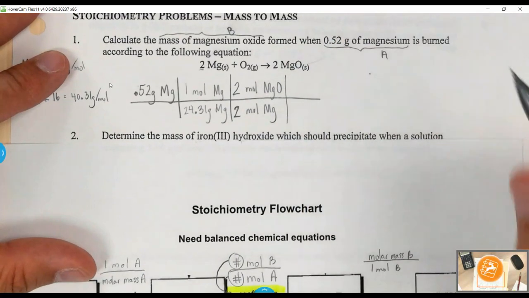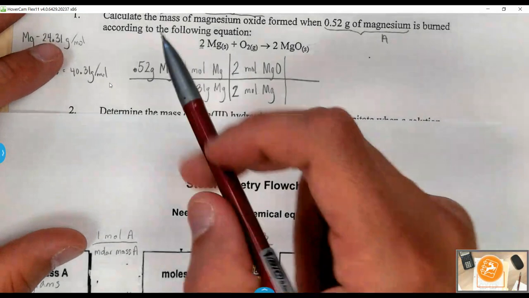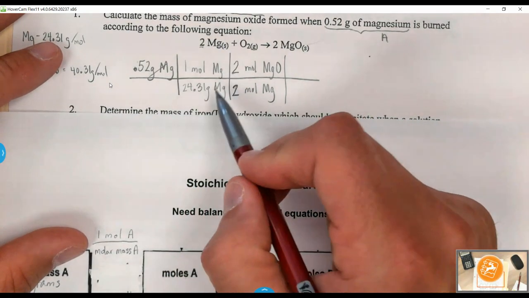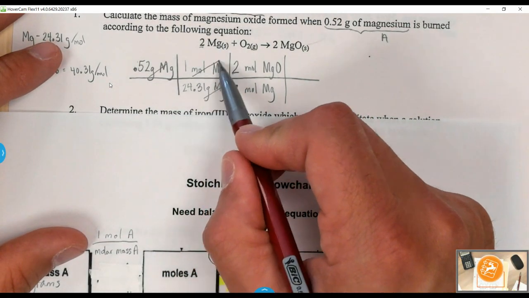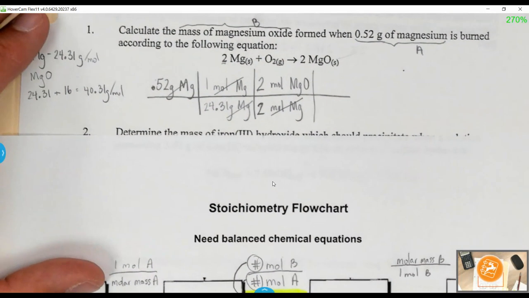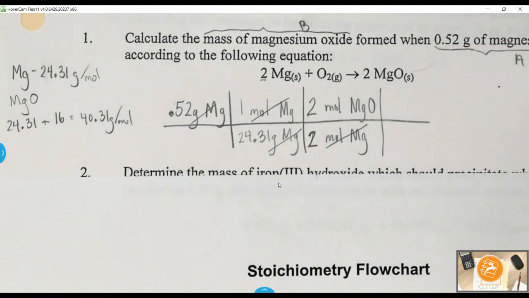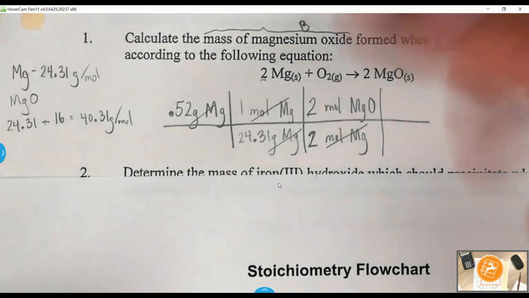Now, finally, our third conversion. Why wouldn't we stop here? If we did, grams of magnesium would cancel, and moles of magnesium would cancel. So if you stopped here, the only unit that didn't get canceled out would be moles of magnesium oxide. They didn't want that. They wanted the mass of this.